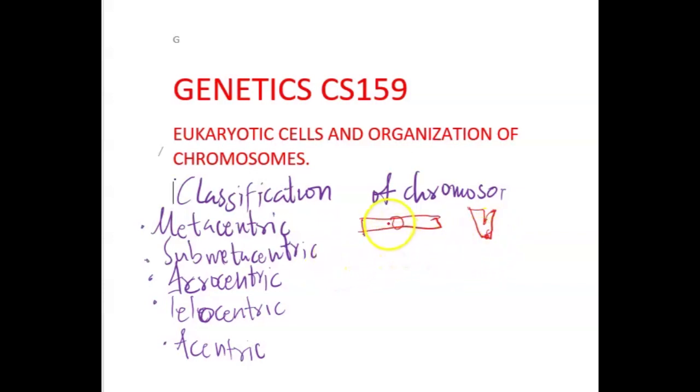Now the submetacentric: instead of the centromere being in the middle, it comes somewhere here, like this. So this is the submetacentric, and it forms the L shape, something like this, and the centromere lies here.